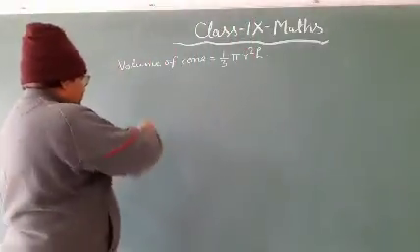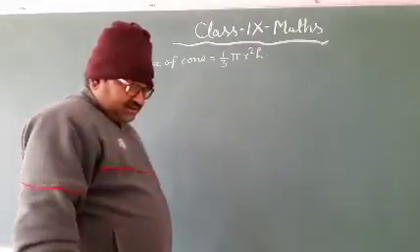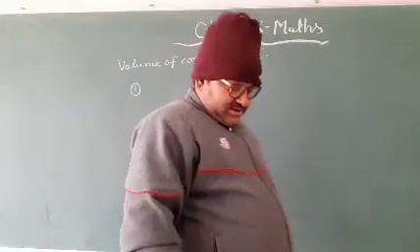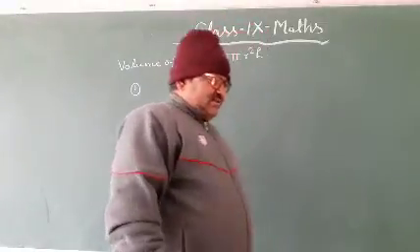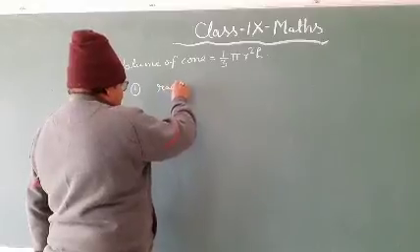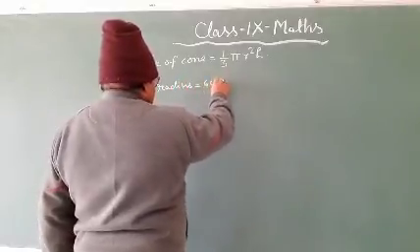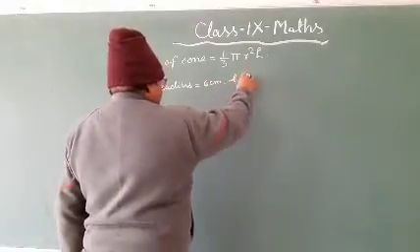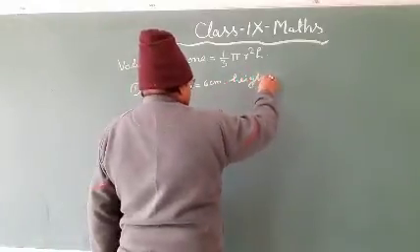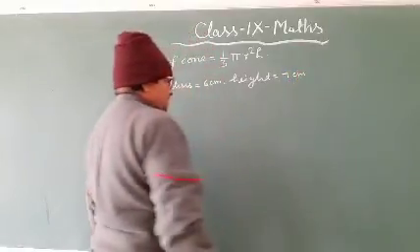Question number 1: find the volume of a cone with radius 6 centimeter and height 7 centimeter.